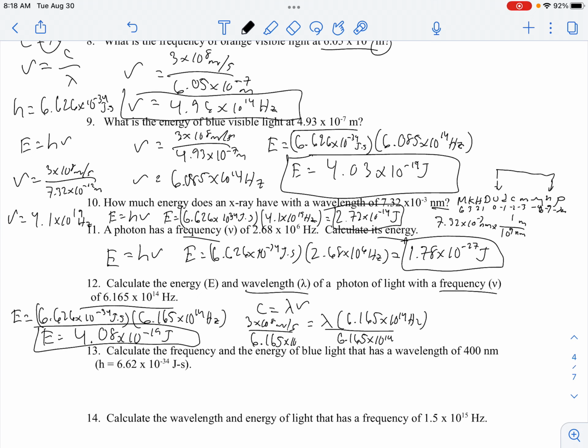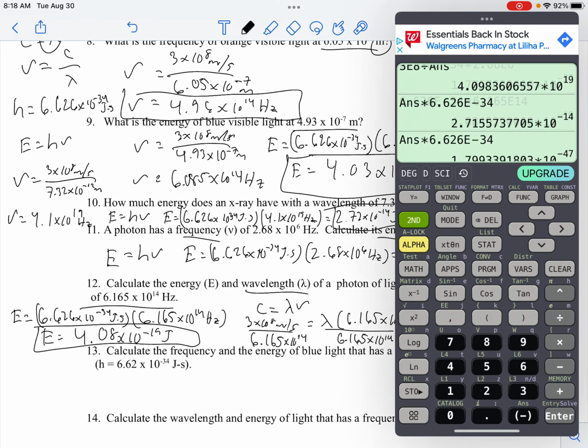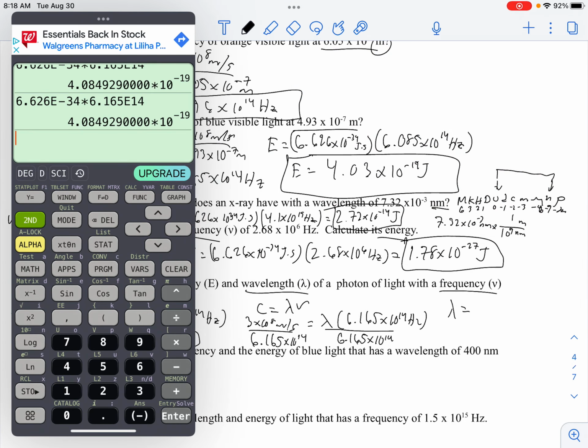My wavelength is 3e8 over 6.165 e14, which would be 4.87 times 10 to the negative 7 meters.